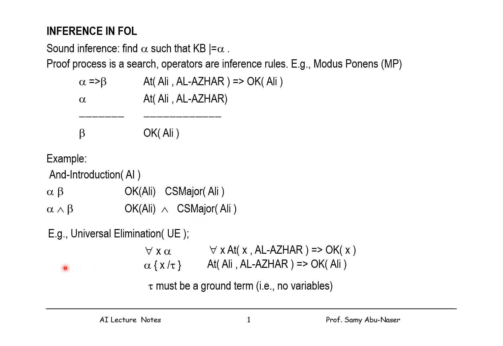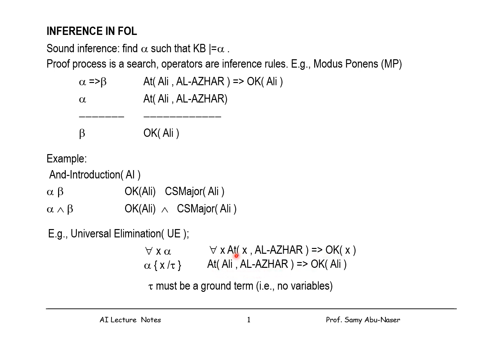Here is another example: universal elimination. Universal elimination means we are going to cross out the for all. We have for all x alpha, and we can replace any variable in alpha with tau. Here is an example: for all x, if x at Al-Azhar, then x okay.